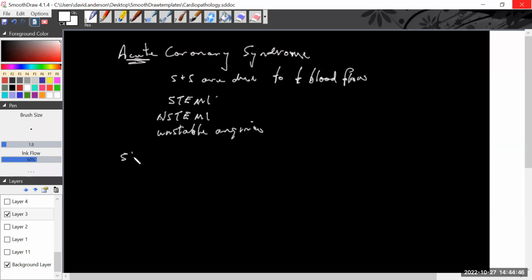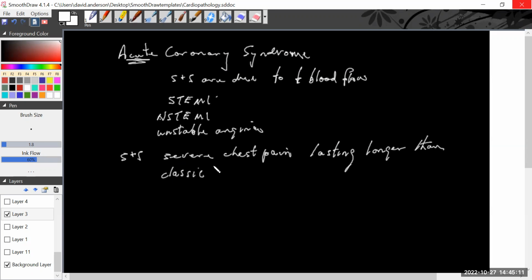And typically in all of these, what makes them similar is there's severe chest pain that lasts longer than a typical angina. In other words, even if the activity level is reduced, the pains remain.